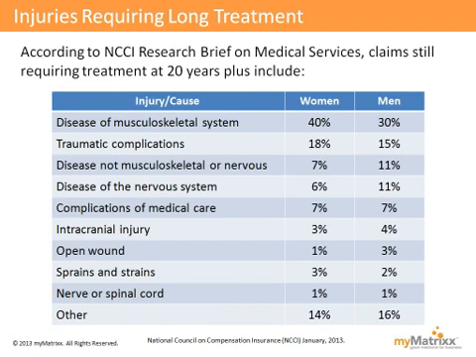They didn't really delve into why that was happening in the report, but there is a difference. And again, these are claims that were 20 plus years old. When you look back at 20 years, there is probably a difference in women in the workplace and what we were doing at that time, but they still couldn't account for such a major difference in the musculoskeletal system. There's a 10% difference between men and women, which is interesting.